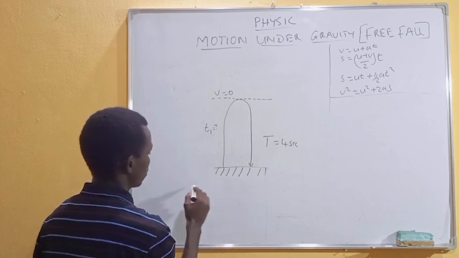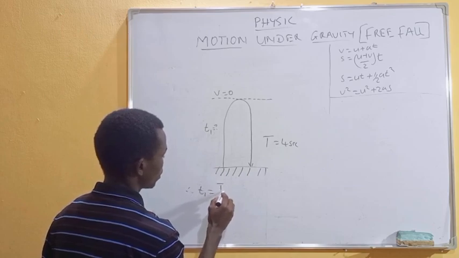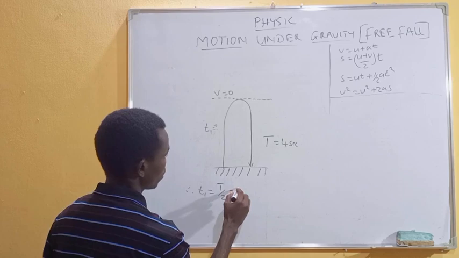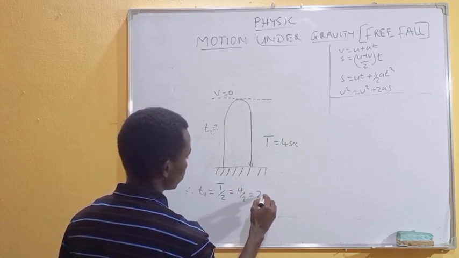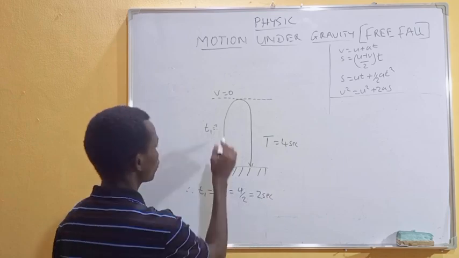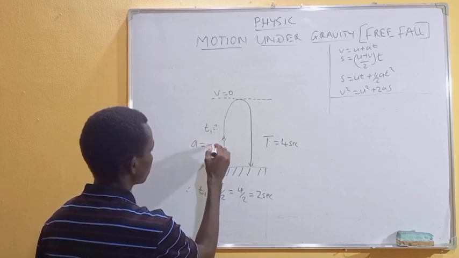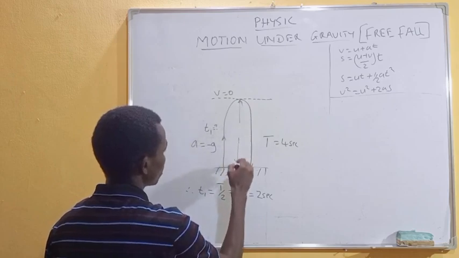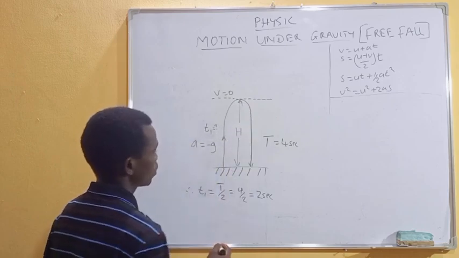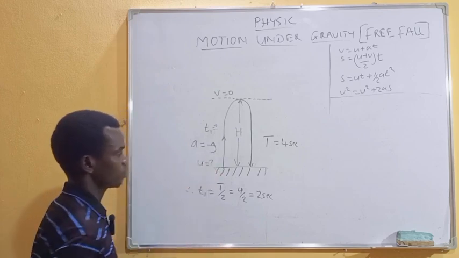Therefore, t1 is equal to the total time divided by 2, which is 4 divided by 2, we have 2 seconds. For the upward motion, we also have acceleration equal to negative g. And we are asked to calculate the maximum height where initial velocity is not given.